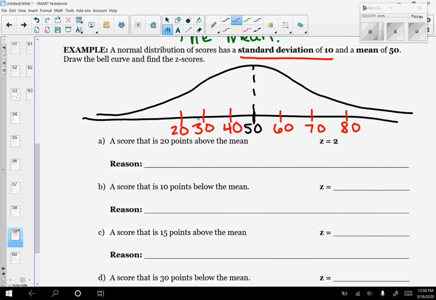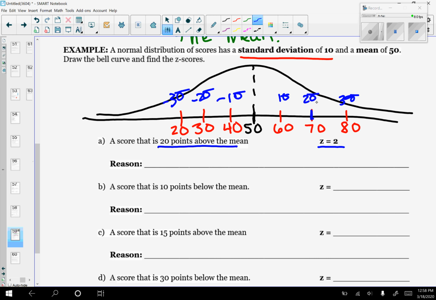So here's some questions in a way about it. This is saying, okay, so if you have a score that is 20 points above the mean, that means your z equals 2. Why? Well, because if it's 20 points above the mean, I'm right here at 70, and here's my first standard deviation, here's my second standard deviation, third standard deviation, negative first standard deviation, negative second, negative third, right?